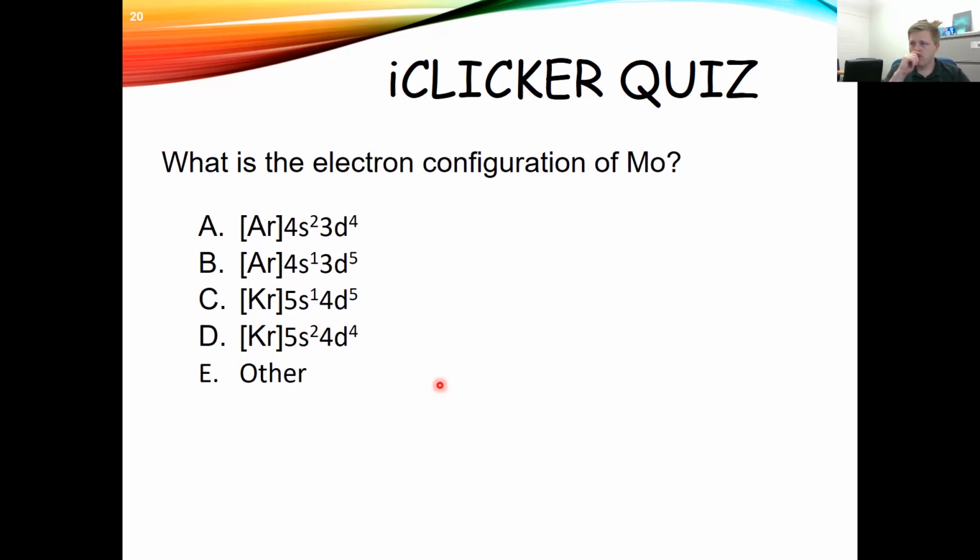But based on that rule we just learned, if you've got 4 electrons in a d subshell, then your element is going to want to steal one of your electrons from the s orbital, and so you'll get a configuration like this.